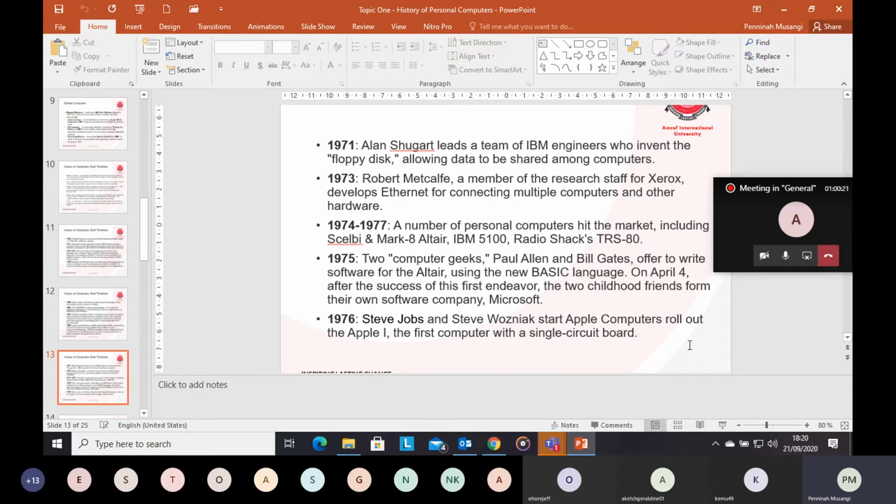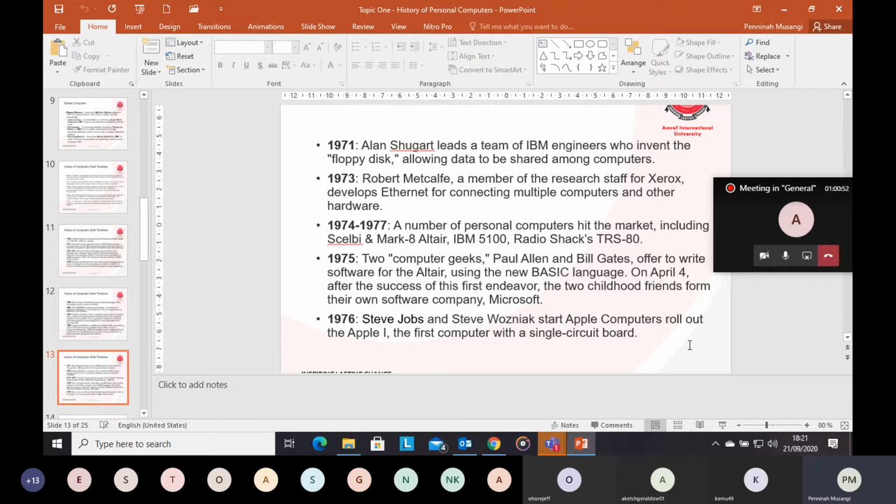1971, Alan led a team of IBM engineers to invent what used to be called floppy disks. Floppy disks allowed data to be shared among computers. So before 1971, data was stored on the main memory of the computer and it could not be moved or shared with another machine because there was no device to help in sharing.